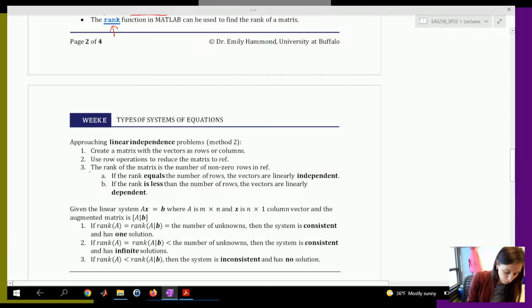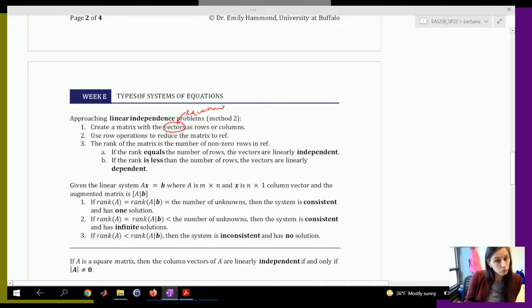So here's our process for rank. Create a matrix with the vectors of our equations as rows or columns, it doesn't matter. Generally, we put them as rows. Use row operations to reduce to REF, and then the rank equals the number of rows that aren't 0.